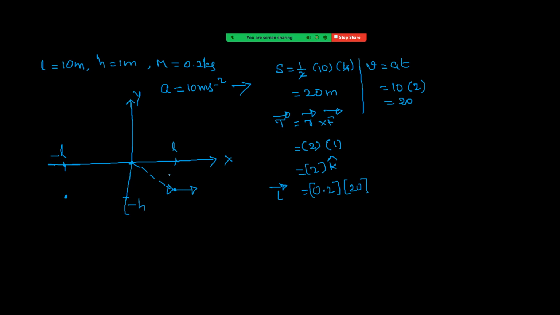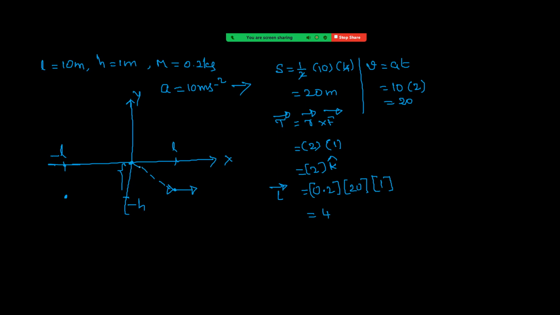Perpendicular distance: the momentum vector is again in the same direction, that is, in the direction of F bar. That means the distance is again equal to 1. So M into V into R, which means R sine theta, is equal to 4.